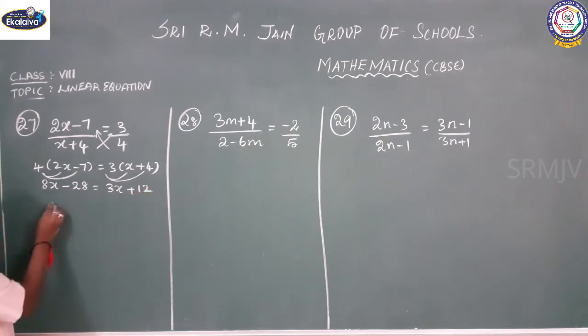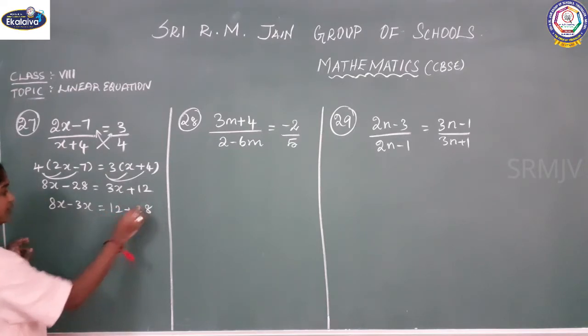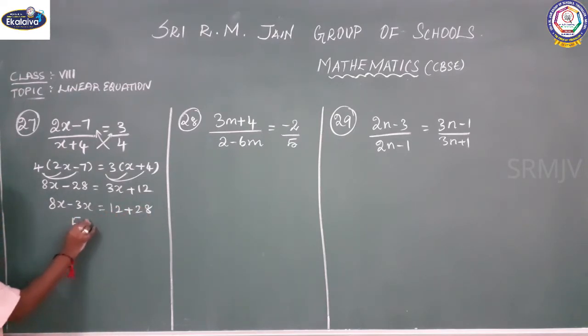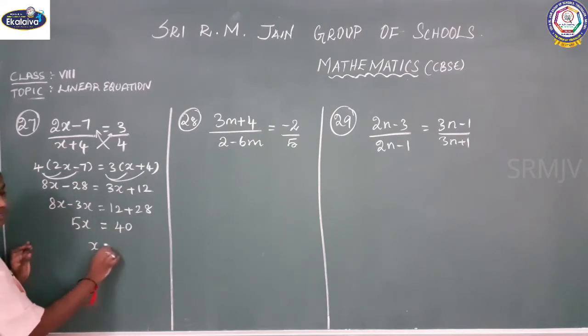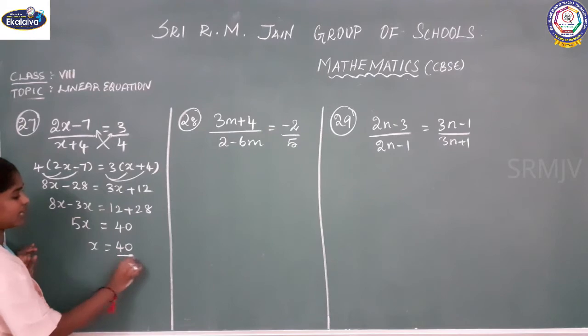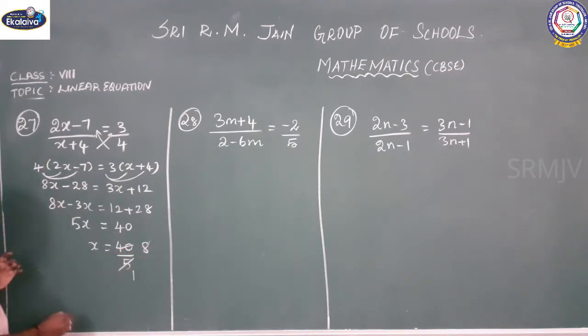So I am going to bring all the x one side. So 8x minus 3x is equal to 12 plus 28. So I'll get 5x is equal to 40. So x is equal to 40 by 5. 5 1s are 5, 5 8s are 40. So the value of x is 8.